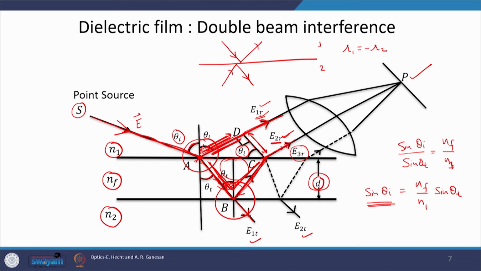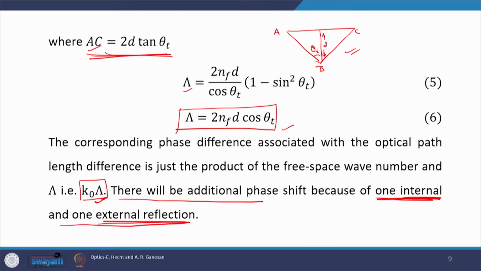It says that between external and internal reflection there would be a phase difference of pi. This is why in this case also there would be an additional phase shift of pi, which has to be taken into account while calculating the conditions for maxima and minima.